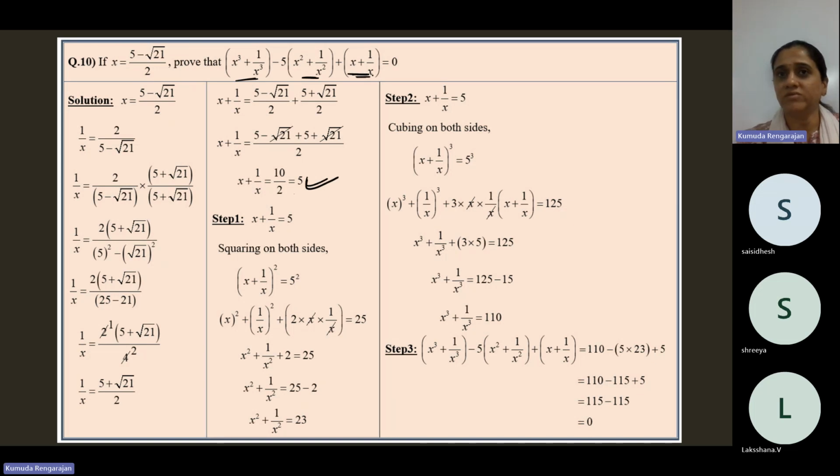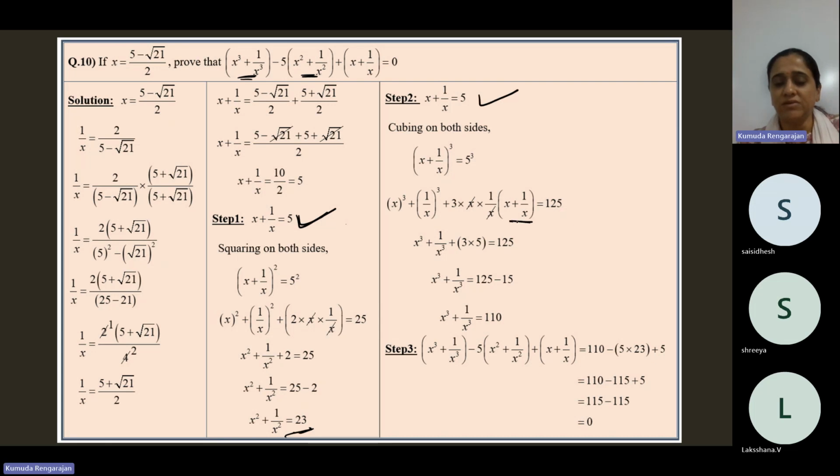Now we'll square this on both the sides. X plus 1 by x is equal to 5, right? So we'll square this on both the sides and find the value of x squared plus 1 by x squared, 23. Now we'll again take up this equation x plus 1 by x is equal to 5 and cube it on both the sides to find the value of x cubed plus 1 by x cubed.